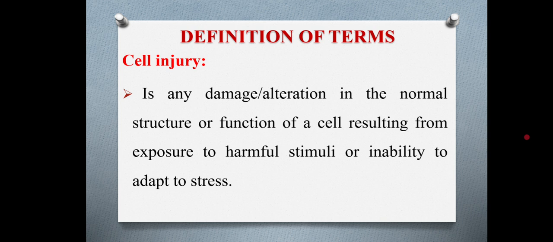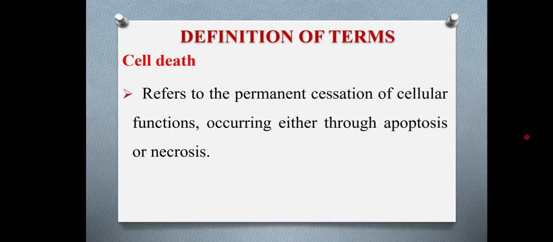And making this cell unable to adapt. So cell injury is any damage or alteration in the normal structure and function of the cell resulting from harmful stimuli or inability of the cell to adapt to stress. Then when I say cell death, look at these differences. With cell injury, we're talking about the cell being injured, but not dying.